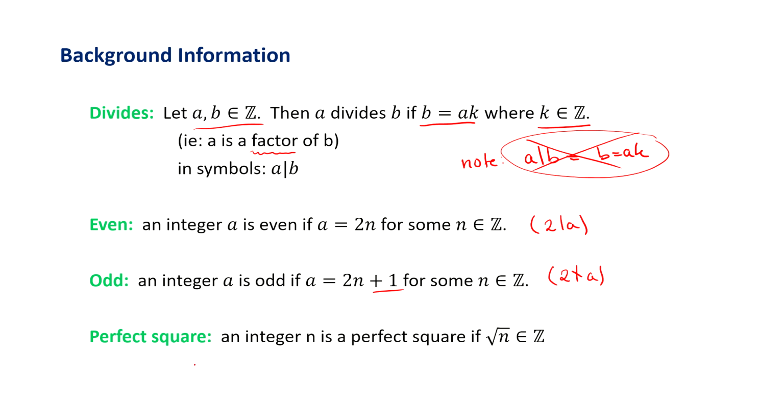So here, if A is an integer, then A squared is a perfect square. Notice it's the exact same information. It's just phrased a little bit differently, so you don't have the square root symbol involved.